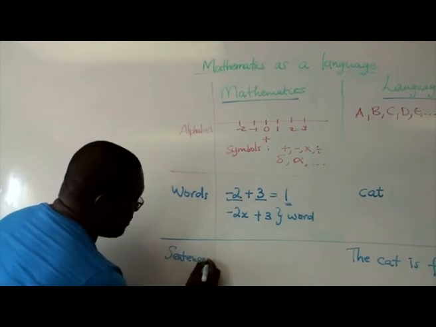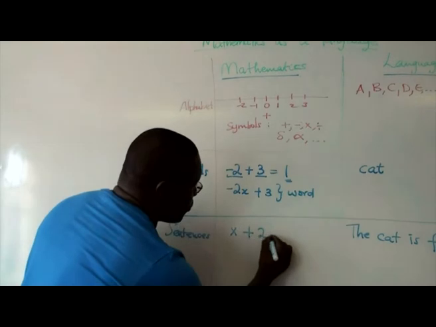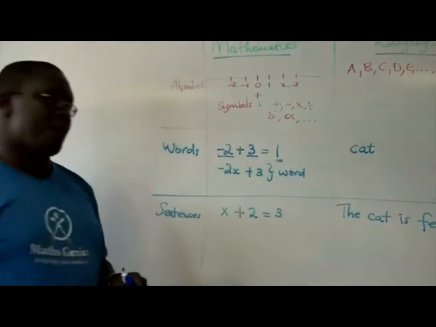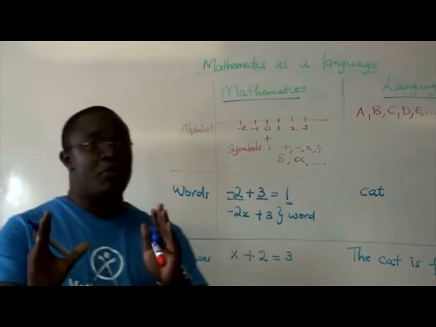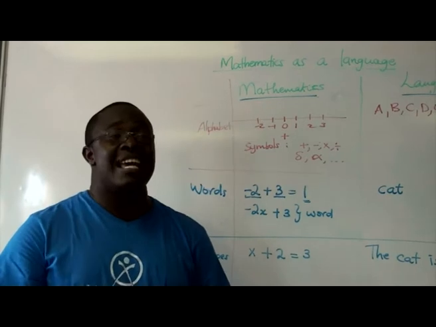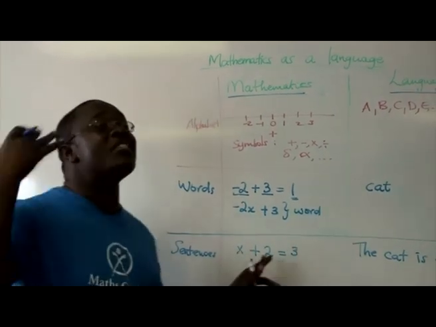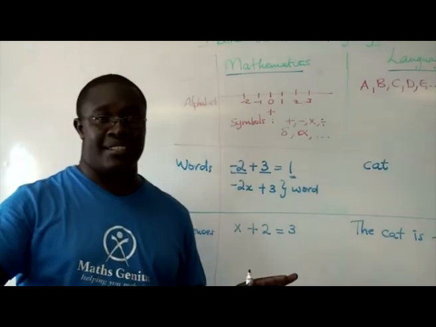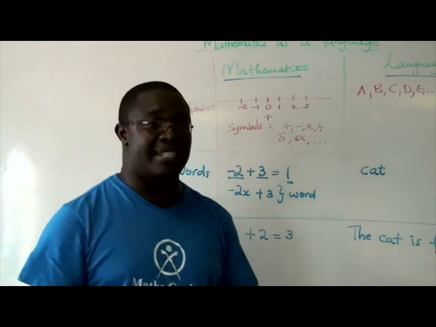So what kind of a mathematical sentence can we come up with? Like, for example, x plus 2 is equal to 3. This is a sentence. And for you to understand mathematics, it's always good to try and take this mathematical sentence and put it into your language that you understand. That is one of the most critical things when trying to understand mathematics.